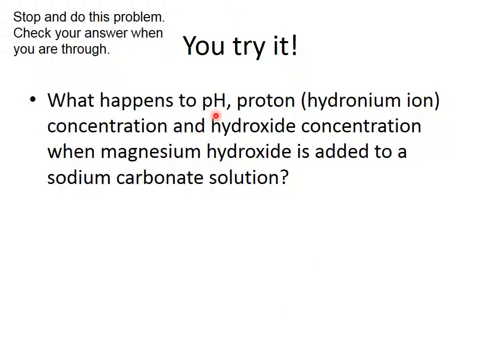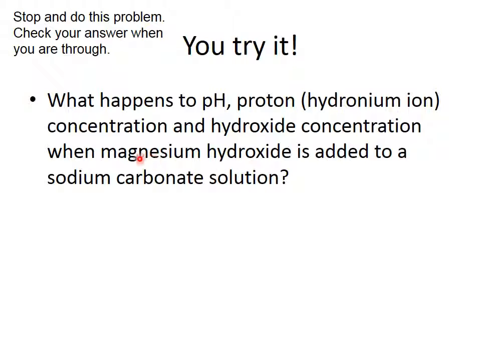What happens to pH, proton concentration, and hydroxide concentration when you add magnesium hydroxide to a sodium carbonate solution? If we look at what we're doing, we don't have to worry about what kind of solution. We're just trying to find out what change happens when you add magnesium hydroxide.